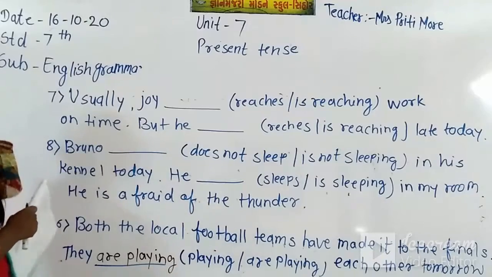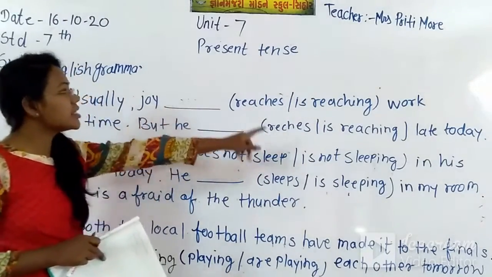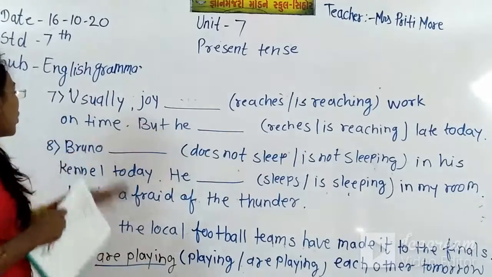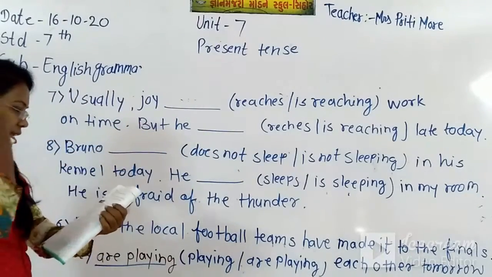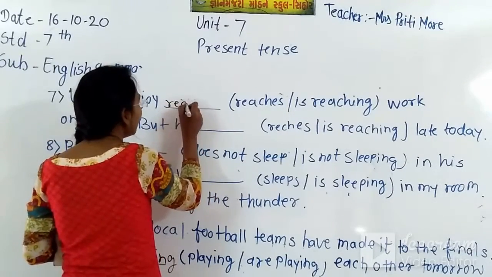Now here let's see the seventh sentence. Usually Joy reaches or is reaching work on time. So general truth is there. So in the first blank space, reaches is the suitable verb.